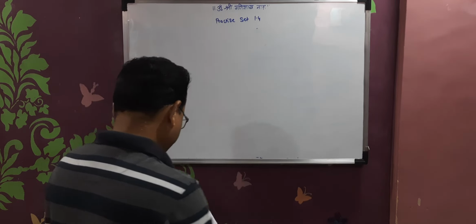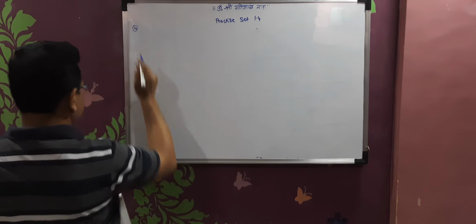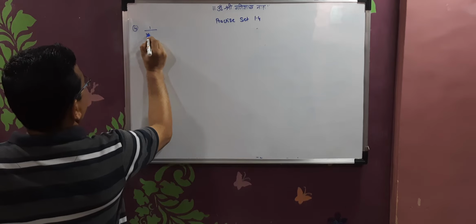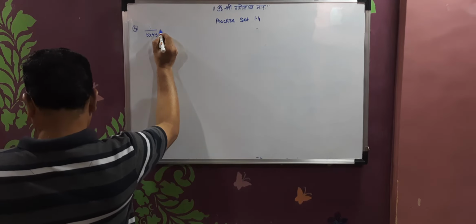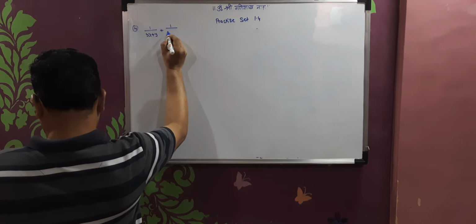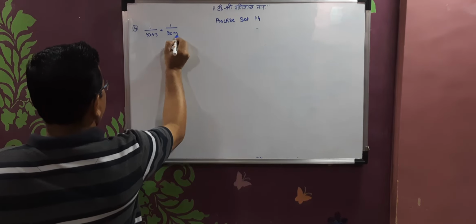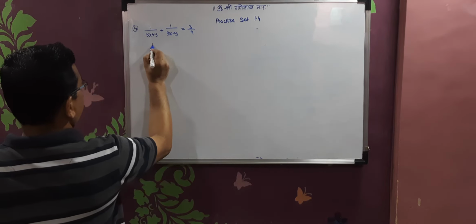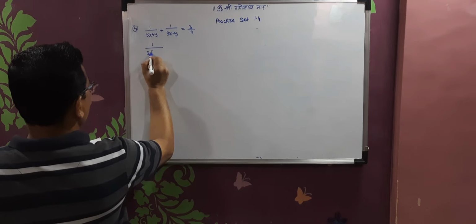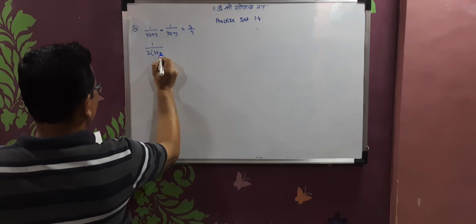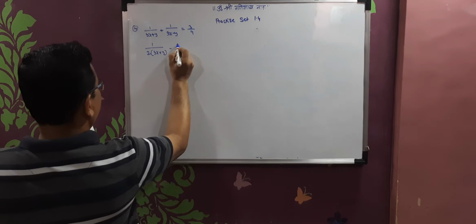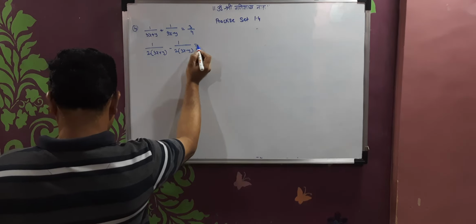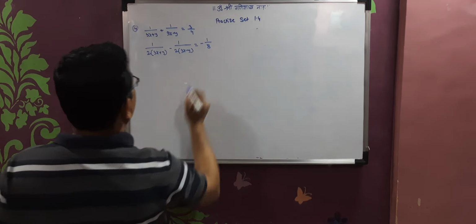Problem number 4 is 1 upon 3x plus y plus 1 upon 3x minus y is equal to 3 upon 4, and the second one is 1 upon 2 into 3x plus y minus 1 upon 2 into 3x minus y is equal to minus 1 upon 8.